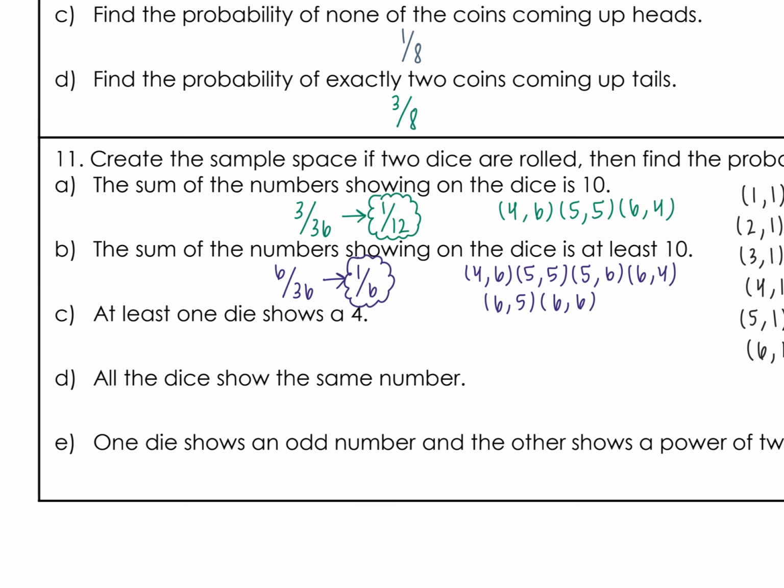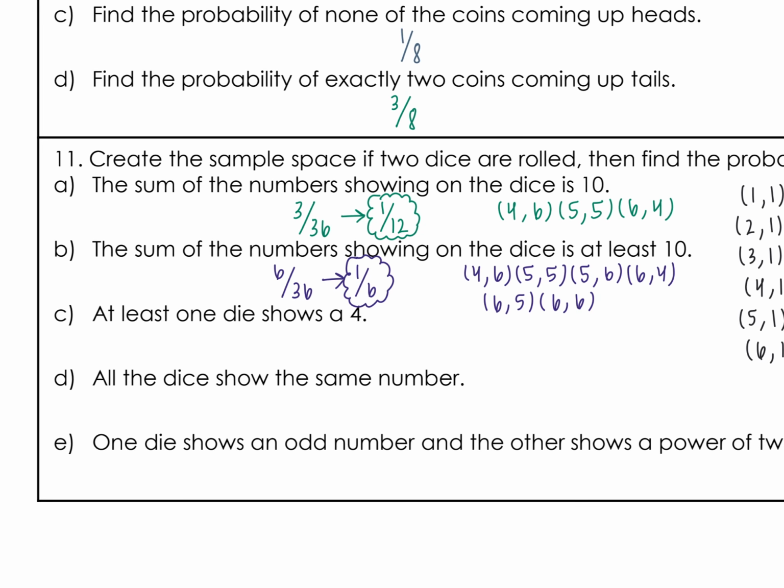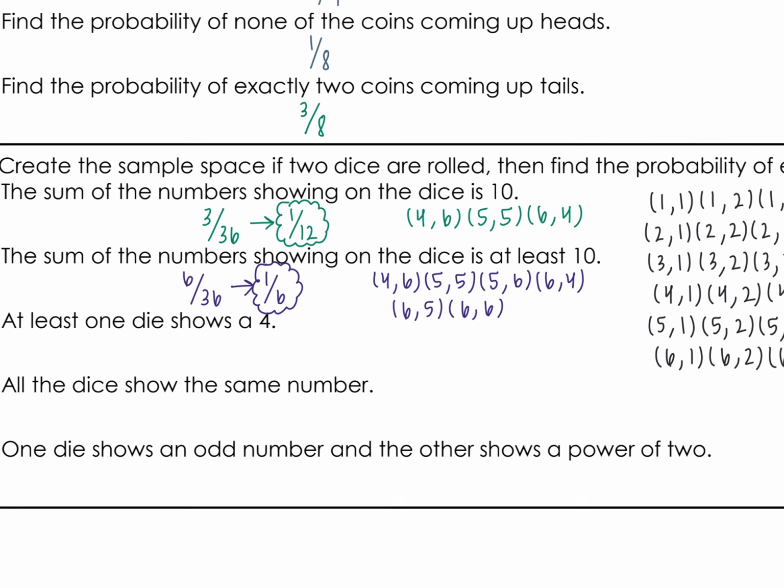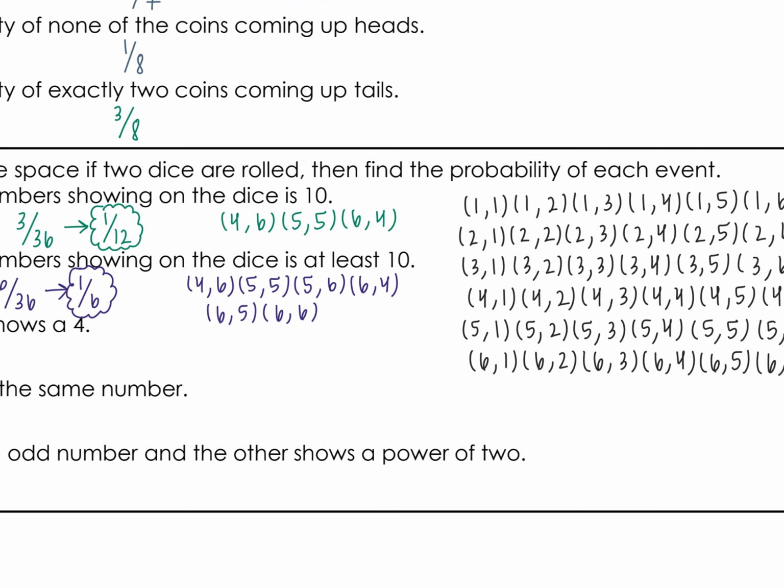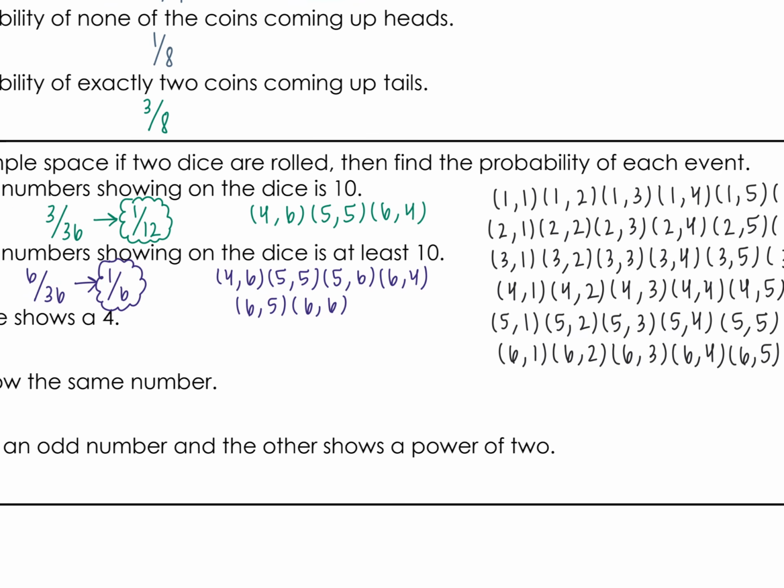All right, then we've got at least one die showing a 4. So that could be 1, 4. We've got 2, 4. 3, 4. Then we've got the 4, 1. 4, 2. 4, 3. 4, 4, 4, 5, or 4, 6.